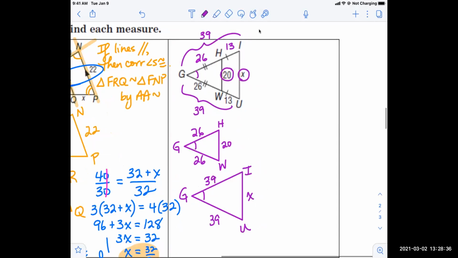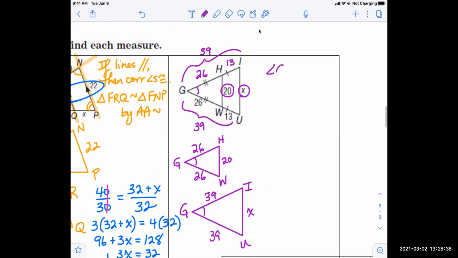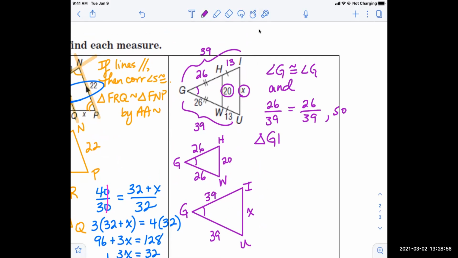So since we have angle G is congruent to angle G, and 26 to 39 equals 26 to 39, or 26 to 26 and 39 to 39, then triangle GHW would be similar to triangle GIU by side, angle, side. Remember that for side, angle, side, you have to have a pair of congruent angles, and then the sides that form those angles have to be proportional.